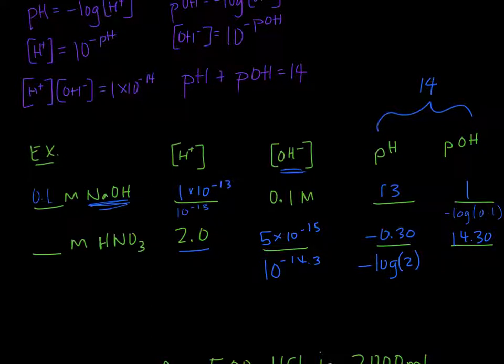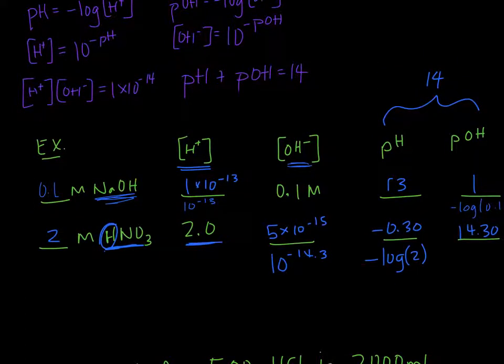All right, that's a little bit better. And so now for the concentration of nitric acid gives hydrogen, so my concentration of nitric acid will be the same as my concentration of hydrogen, because there's only 1 hydrogen and it's a strong acid. So that's 2 molar.